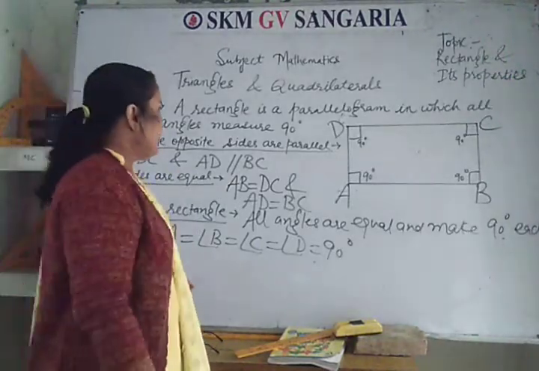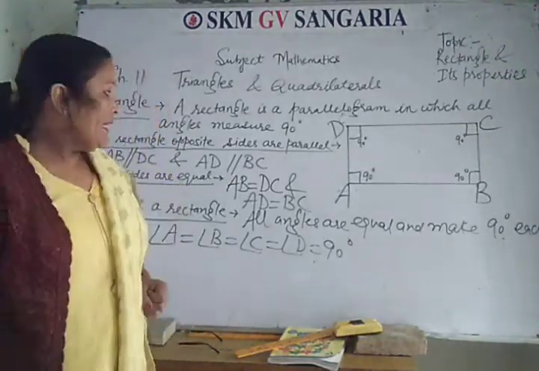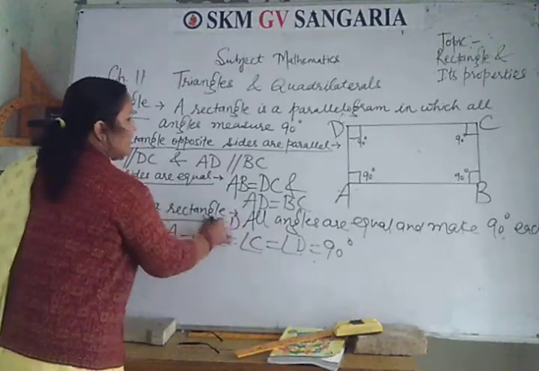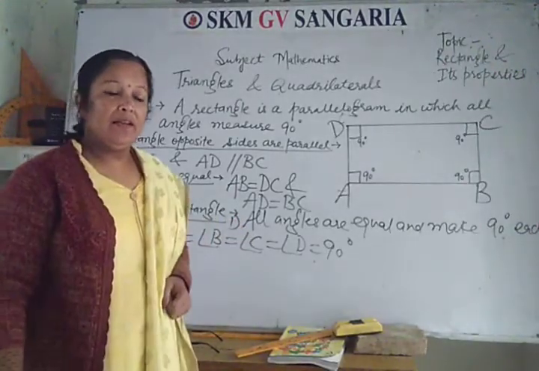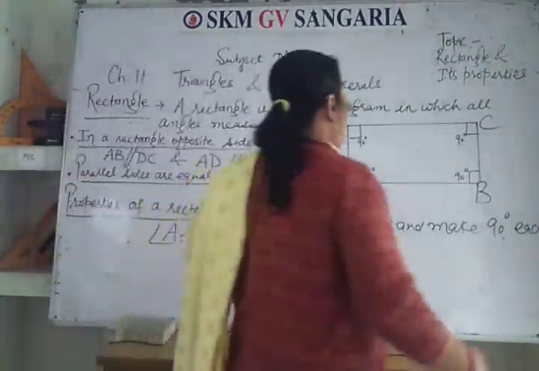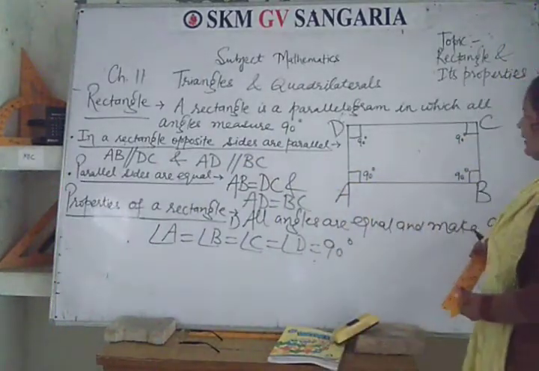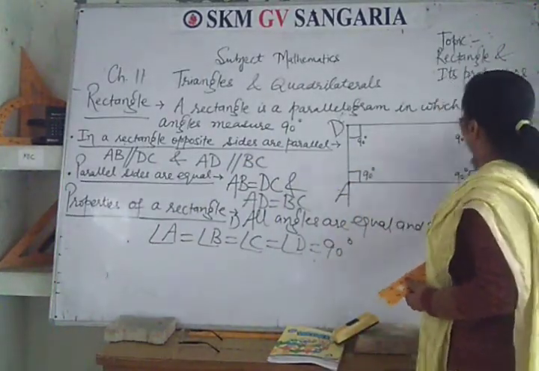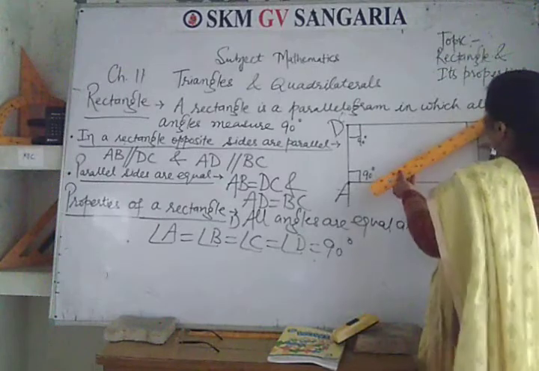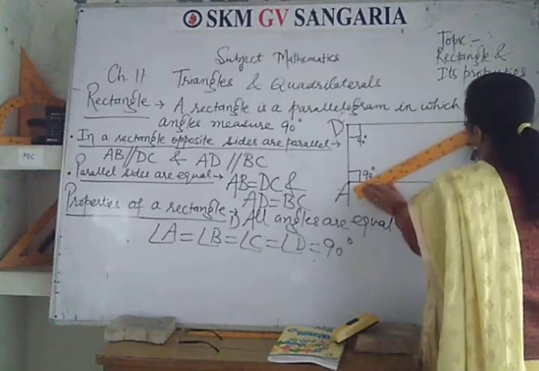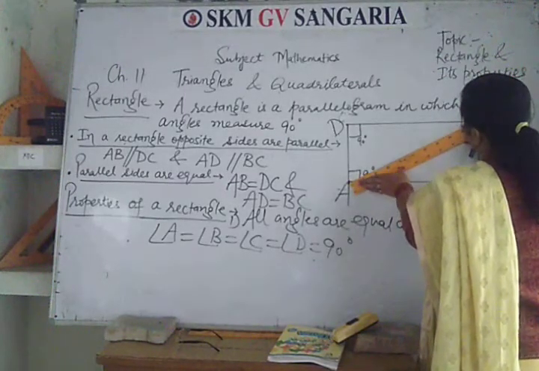Then the second property is that diagonals are equal. As you know, how is a diagonal made? When we join opposite vertices, a diagonal is constructed.